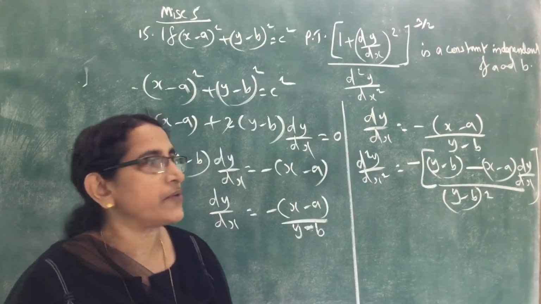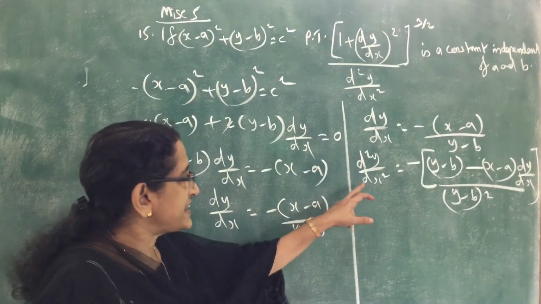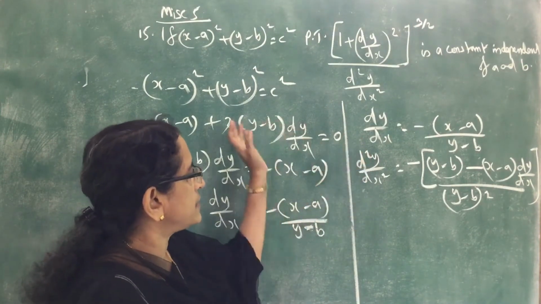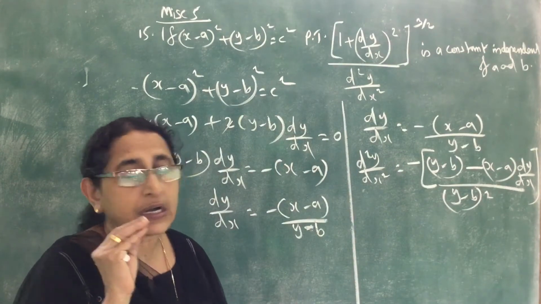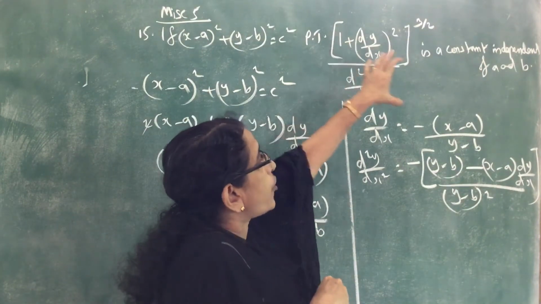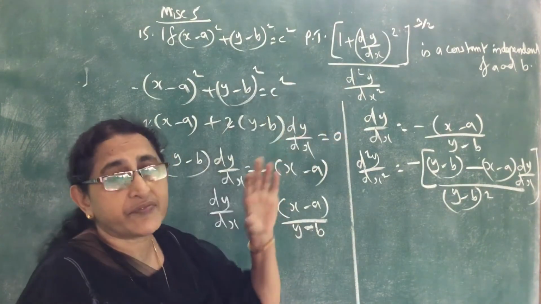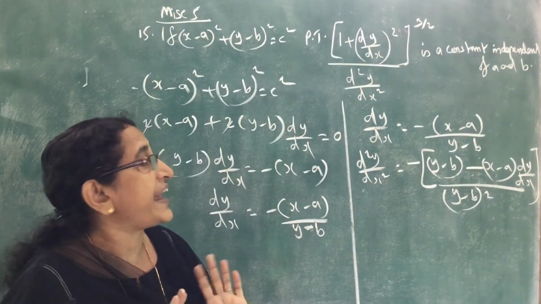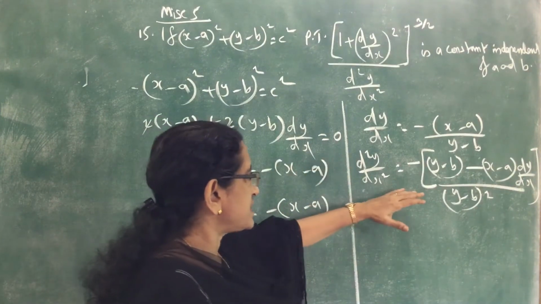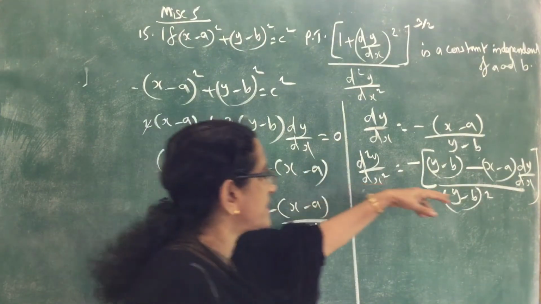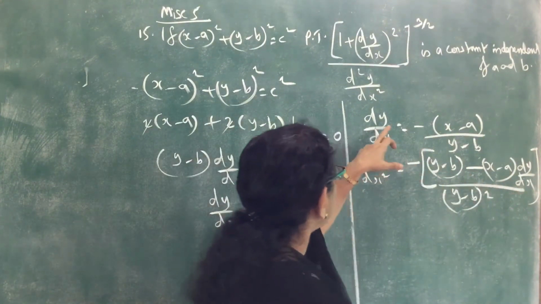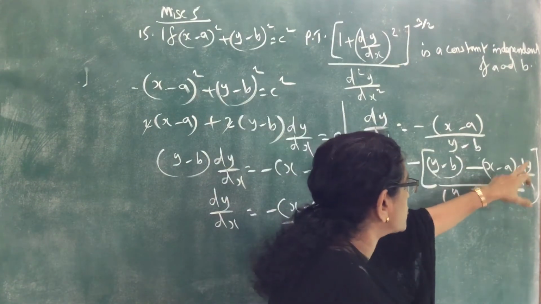Now we want to simplify because we want to substitute d²y/dx² and dy/dx to prove that this is a constant independent of a and b. In that expression, when we simplify, there is no a and b; that we have to prove. So we simplify this because here there is dy/dx, and we can substitute the value of dy/dx.